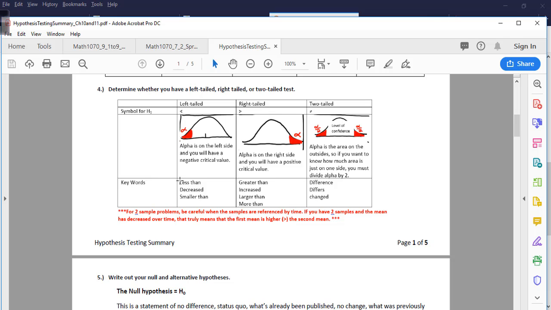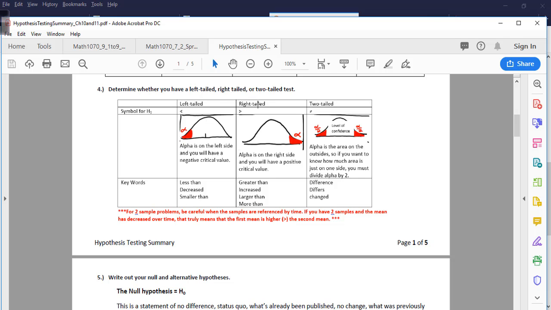Your keywords that you're looking for in the problem: less than, decreased, smaller than. What a left tail test tells you is that alpha is going to be on the left hand side of your graph, and alpha is your level of significance. It's also the probability of making a type 1 error. This is the region where we're giving ourselves the opportunity to be incorrect.